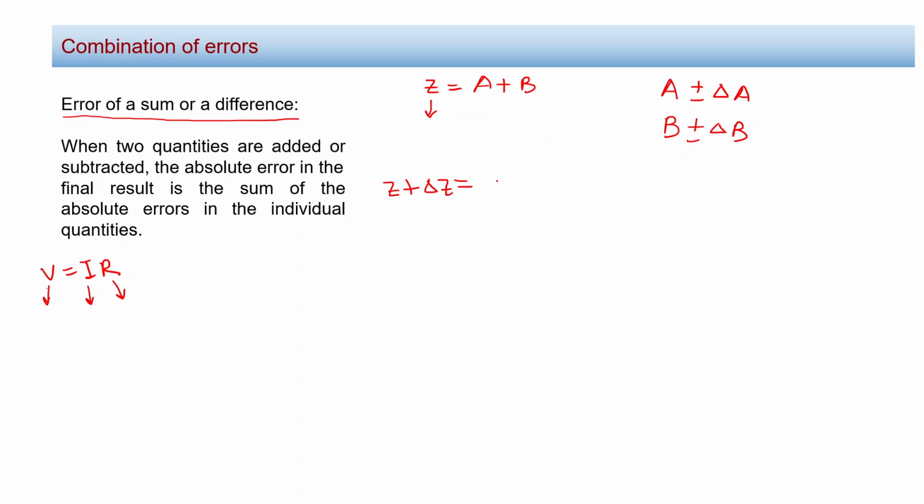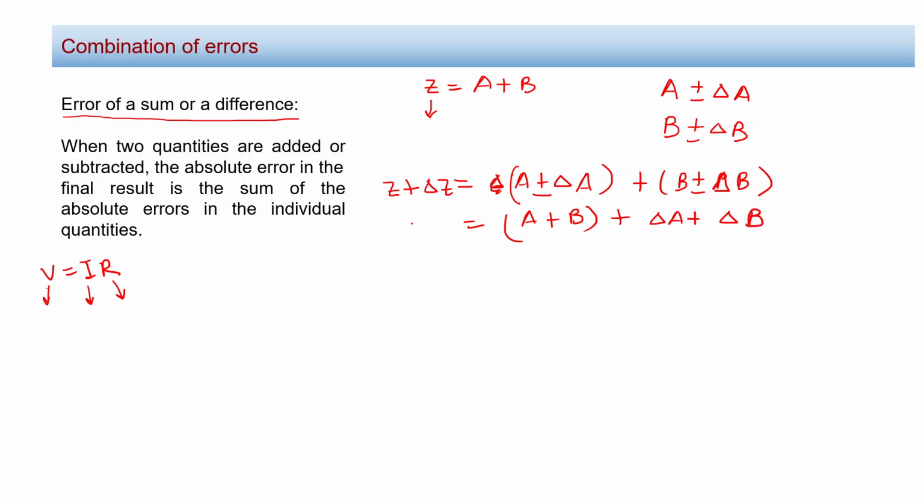So the quantity Z will be A plus minus delta A, plus B plus minus delta B. The error is expressed as plus minus because it could be positive or negative. Now this will be A plus B plus delta A plus delta B. So we can clearly see this is Z and delta Z is this.